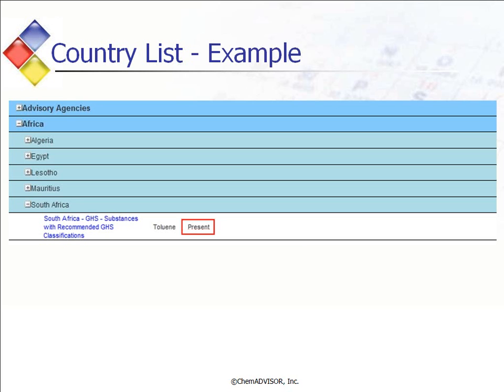The source list will simply show present, and there's no corresponding standardized view list for South Africa. From LOLI, there is then a link back to the source, and you can request information or request access to those published classifications.